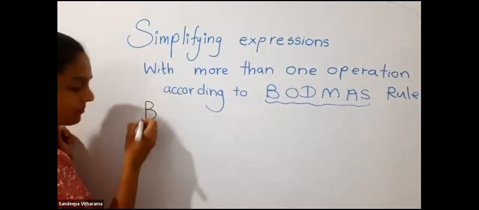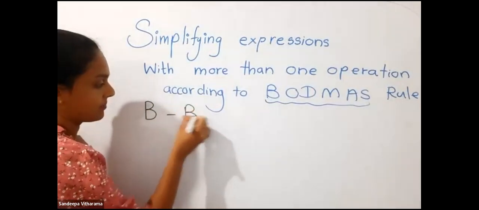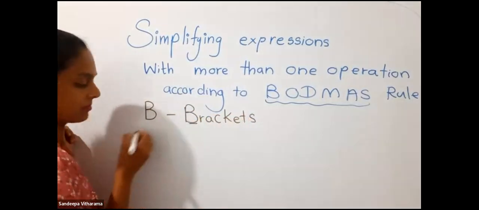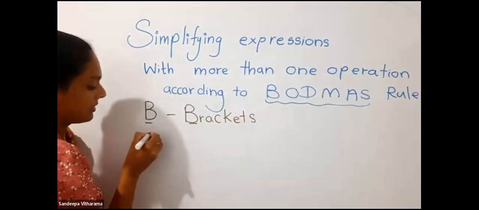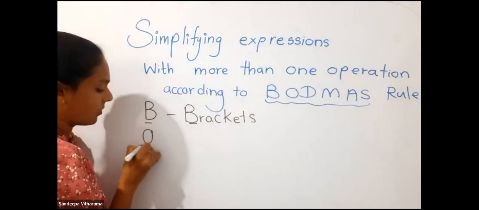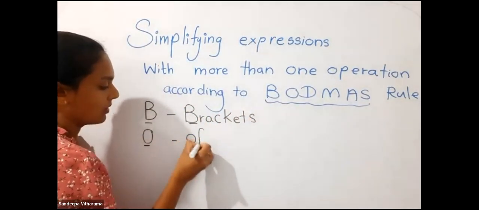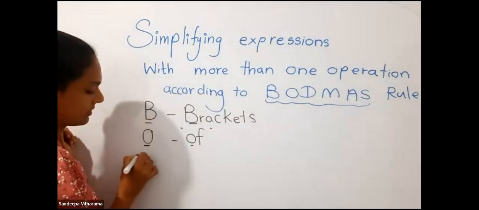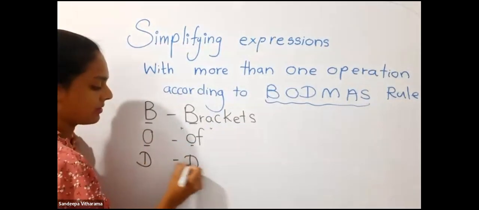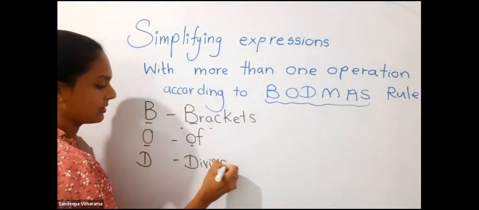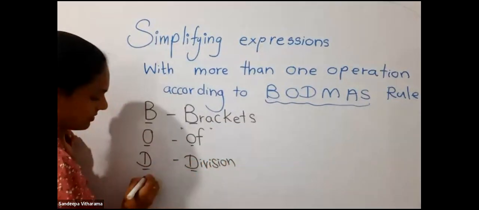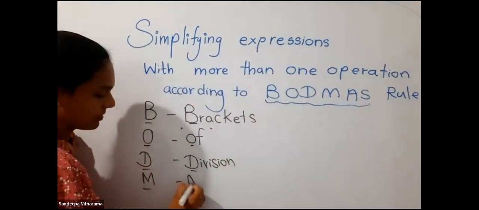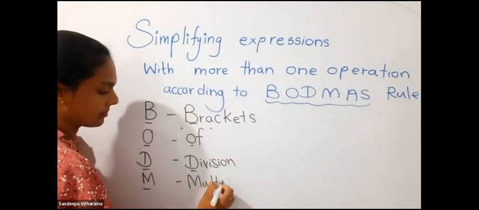Okay. Let's write down BODMAS. B stands for brackets. Then O. O stands for of. Then D. D stands for division. Next, M. M stands for multiplication.